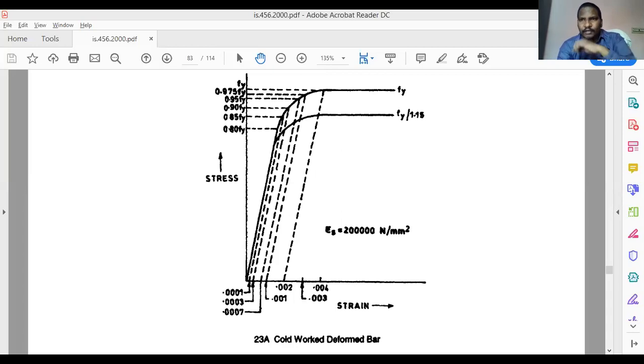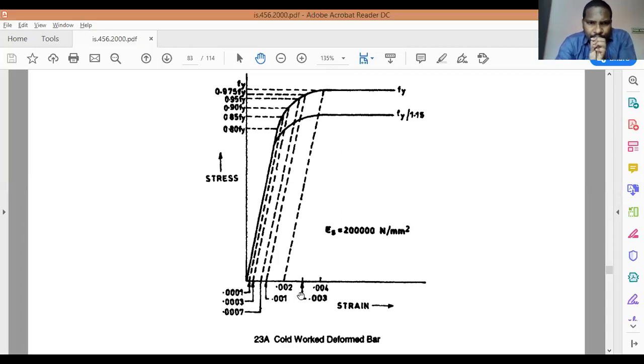Can you see this IS code, guys? See, 0.0026 is the strain. So if it is 0.002, then in this design curve, the value is somewhere around 0.85.